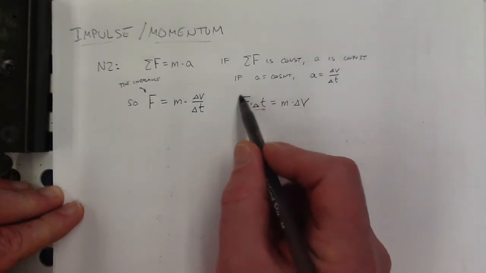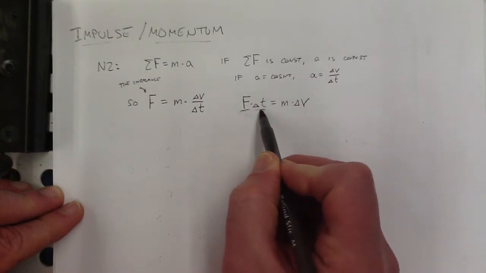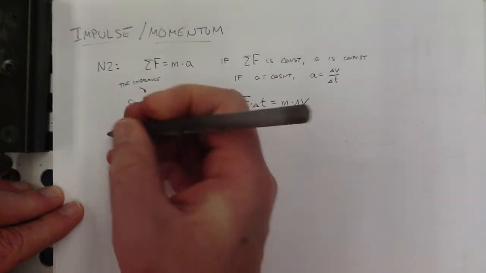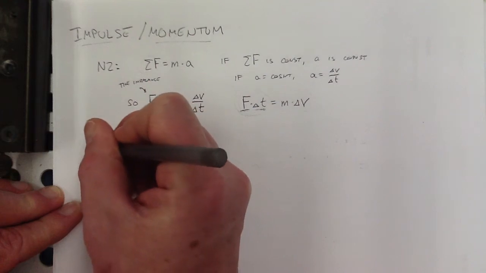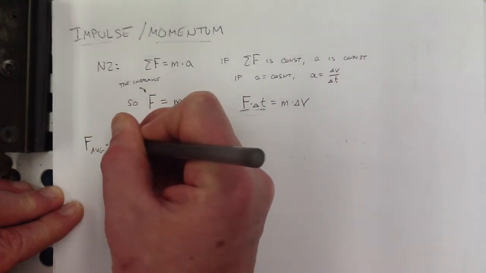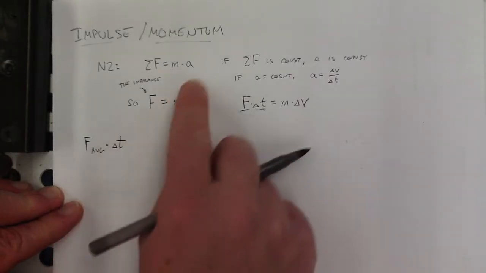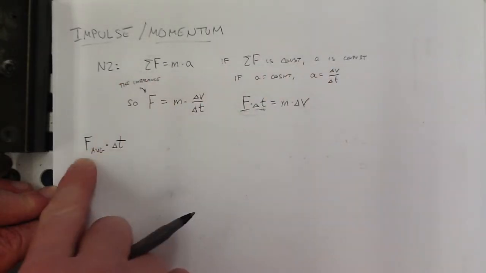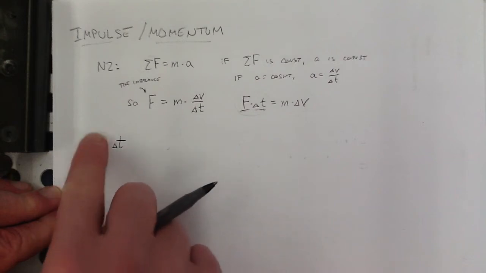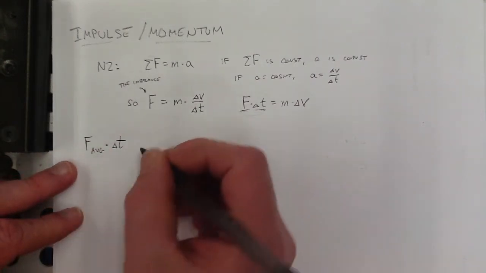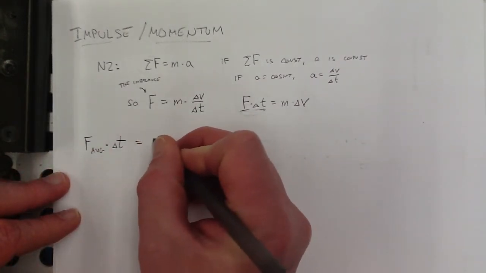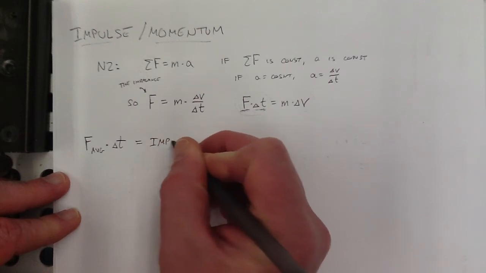We're going to call this force applied over some period of time, I'm just saying average here. I know I said it was constant, but in general, if it's not constant, then we could just use the average force. That we're going to define as impulse.